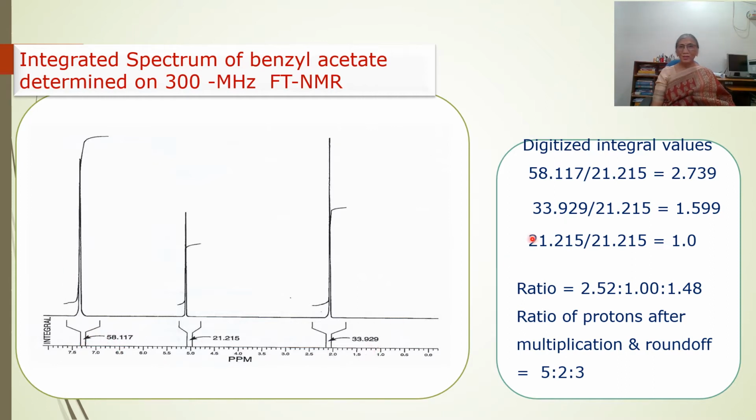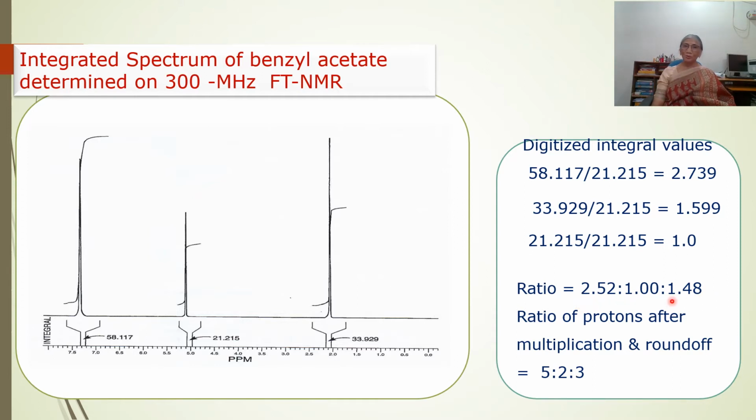The values are 58.117, 33.929 and 21.215. Again the same procedure is adopted: the larger values are divided by the smallest number, and this gives the relative ratio of protons giving the signals.